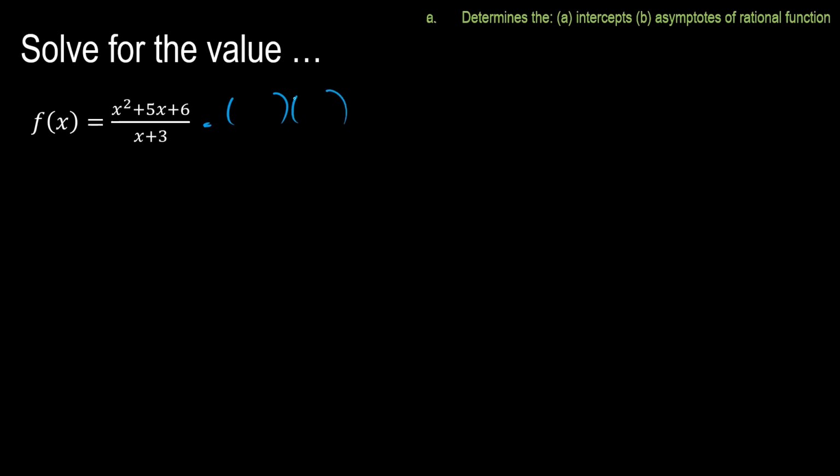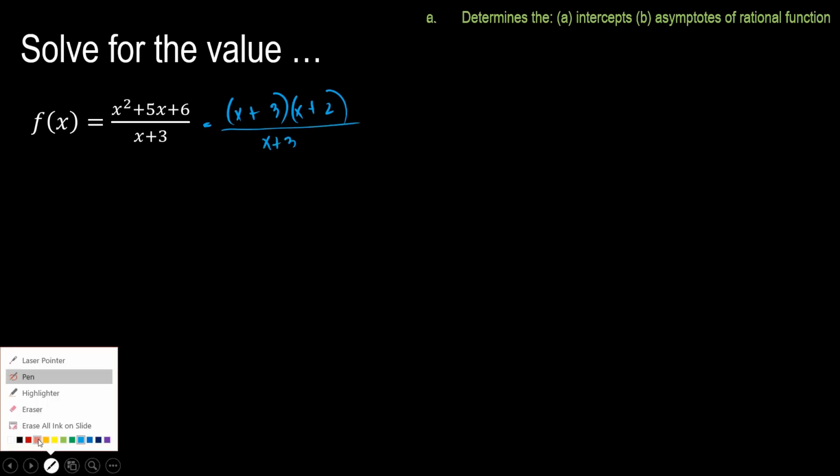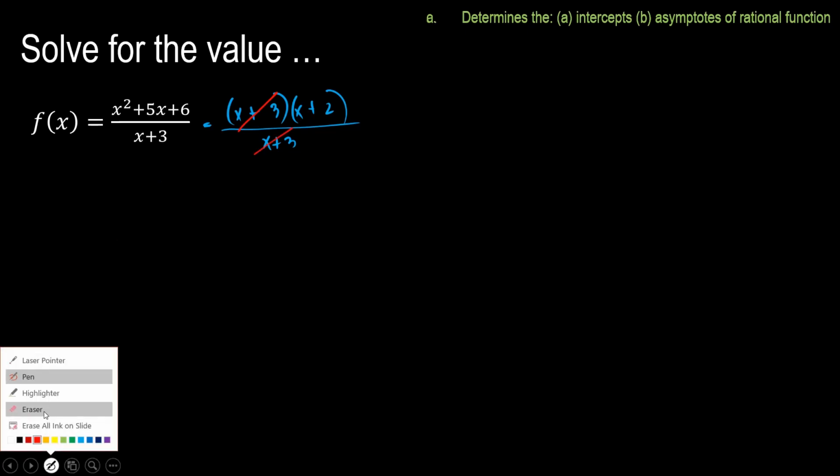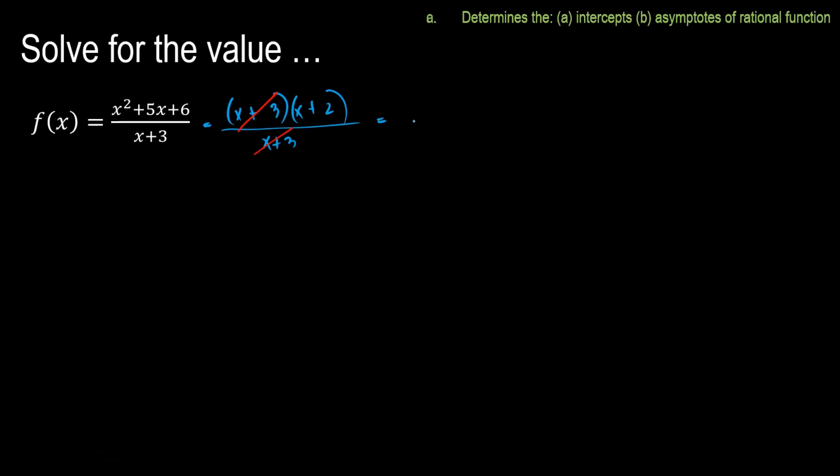Since it is 6 and the middle term is 5, so we have 3 times 2. So add, then x. So our denominator is x plus 3. Kung makakita nyo class, we can cancel that out. Okay, so since it's equal to 1 na, it is equal to x plus 2.